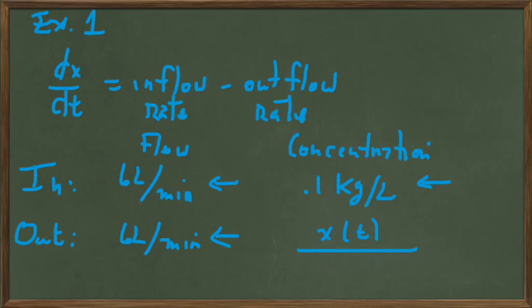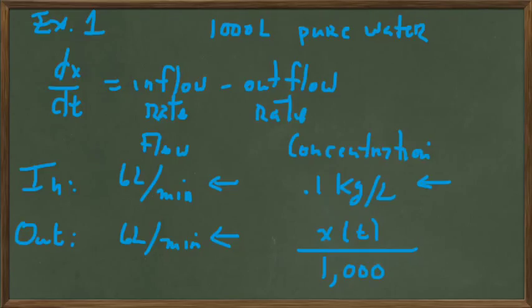In this problem, we're assuming that we start with 1,000 liters of pure water, and so the amount of fluid in the tank does not change, since the flow rate in and the flow rate out are both the same. So the concentration out is that unknown amount of salt, x of t, divided by 1,000 liters of fluid in the tank.